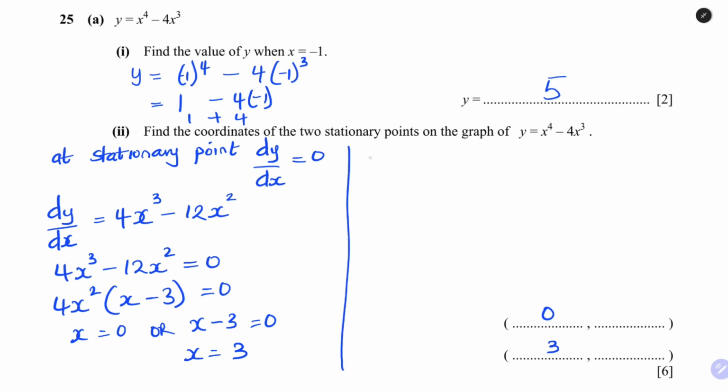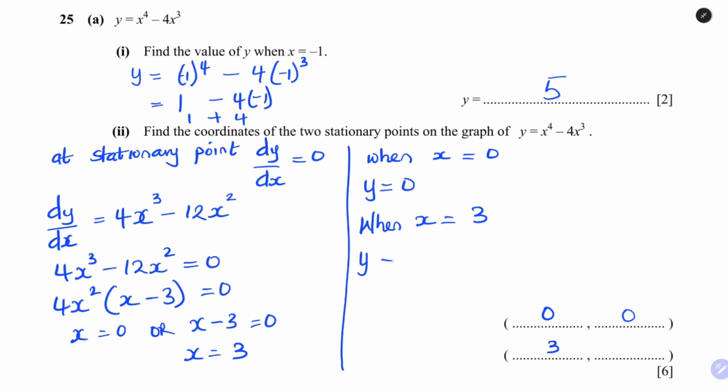Now I need to find the corresponding values of y. When x is equal to 0, I put in x as 0 there. y will become what? 0. So here I have 0. When x is 3, I need to substitute 3 in there.